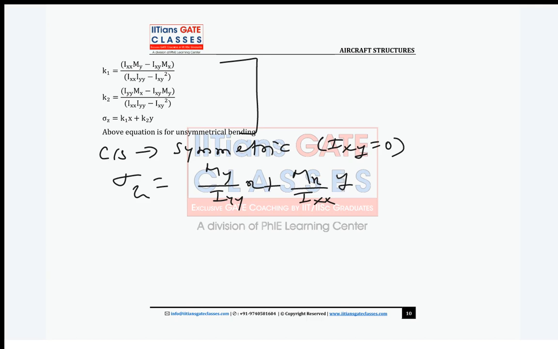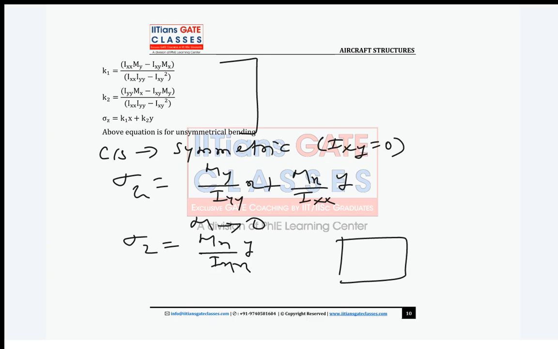Now guys, in simple bending, usually My is 0, right? So that means your sigma z is Mx upon Ixx into y. Usually, you all know, we use a rectangular or square cross section beam, and this is x and this is y.